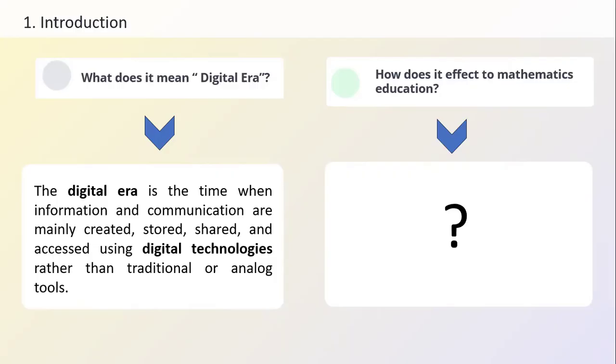So that is the thing that is changing from the past to the present time, which means that it's changing from the traditional one to the digital era. So the digital era is the time when information and communication are mainly created, stored, shared, and accessed using digital technology rather than traditional or analog tools.